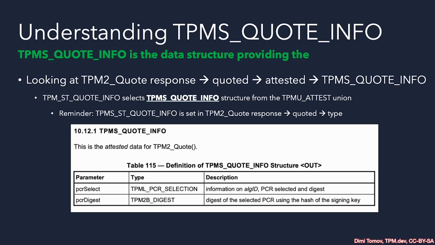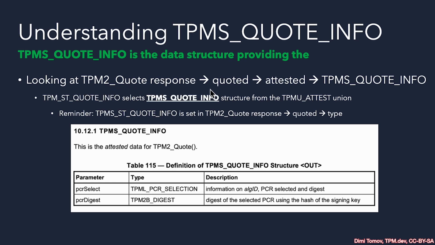Now that we know our TPM attestation type, which is TPM_ST_ATTEST_QUOTE, we can directly look at the TPMS_QUOTE_INFO structure. And because we are already several levels deep into the TPM2 quote response, here I've provided a brief overview of where we actually are.